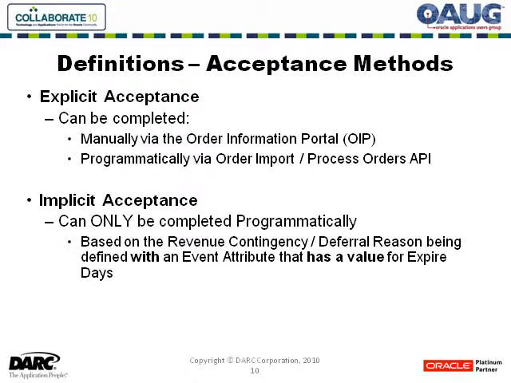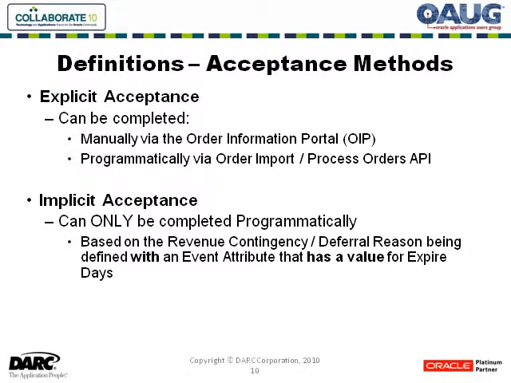Now we're going to switch and do the definitions of the acceptance methods. We have the deferral reason types, and now we have acceptance methods. The combination of them together are your customer acceptance processes. So you can do pre-billing, implicit or explicit, and post-billing, implicit or explicit. The acceptance methods are as follows.